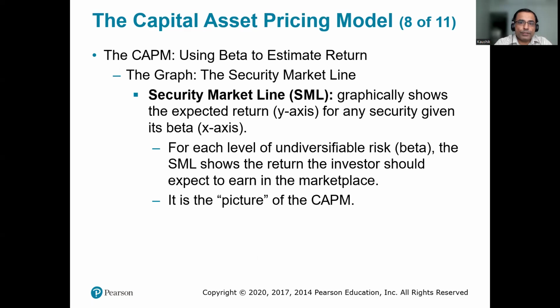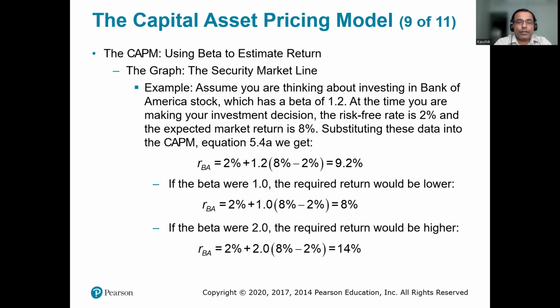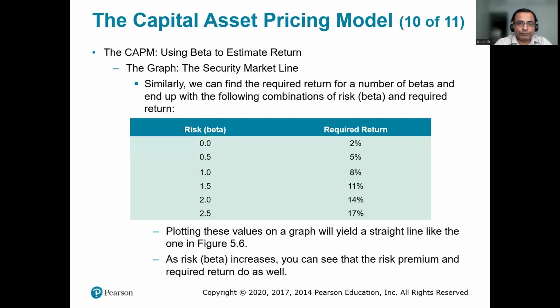Now what we do is plot the expected return from the formula in the previous slide against different values of beta for a stock. So this gives us the security market line. Here we have one stock, different levels of beta, and how that changes the expected return from that stock.